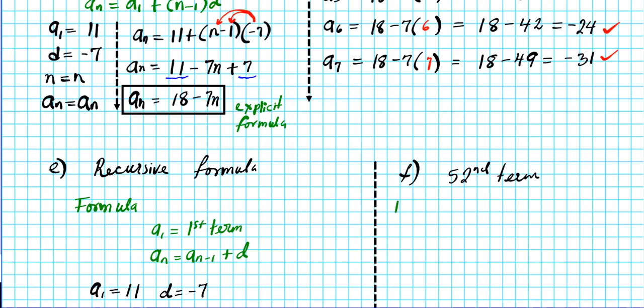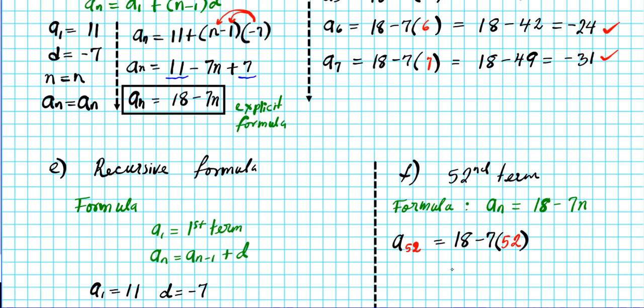Okay, so let's write down the formula to determine the nth term. In this particular case, the nth term formula for this sequence is 18 minus 7n. So let's apply it. For the 52nd term, a sub 52, we just simply plug in 52 in the place of n, like that.